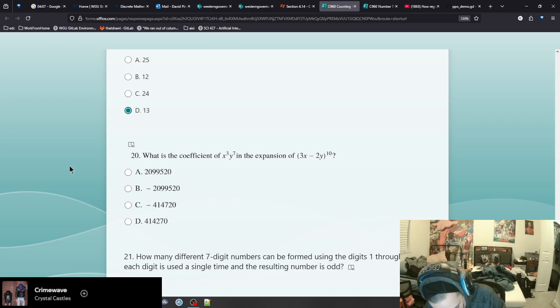Okay, wait, I just gotta multiply them. So times negative 128y to the 7th. Okay, and negative 128 times 27. I put plus, I was like, why is it less? Alright, negative 3,456, whatever, x cubed y to the 7th. Okay. That's not right.